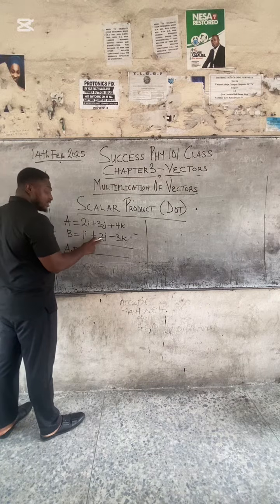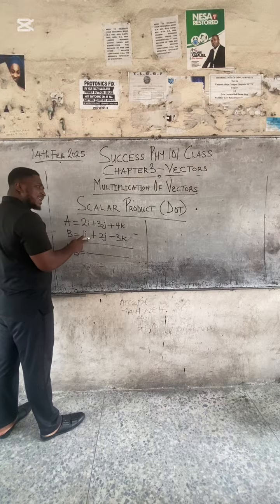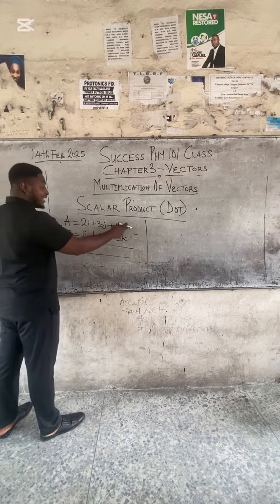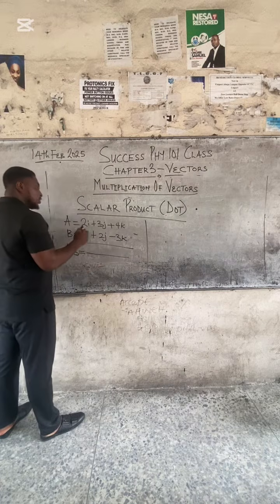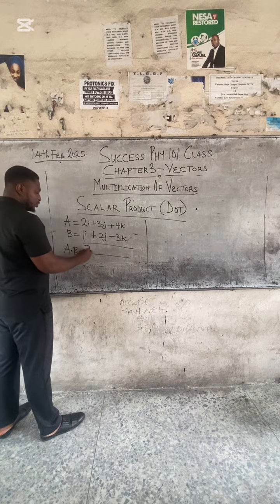Anytime I meets J, 0. Anytime I meets K, 0. Only I to I can give a reasonable answer. Only J to J can give a reasonable answer. Only K to K can give a reasonable answer.